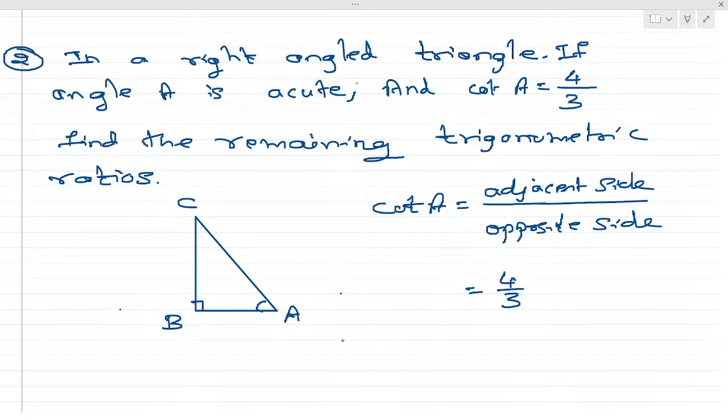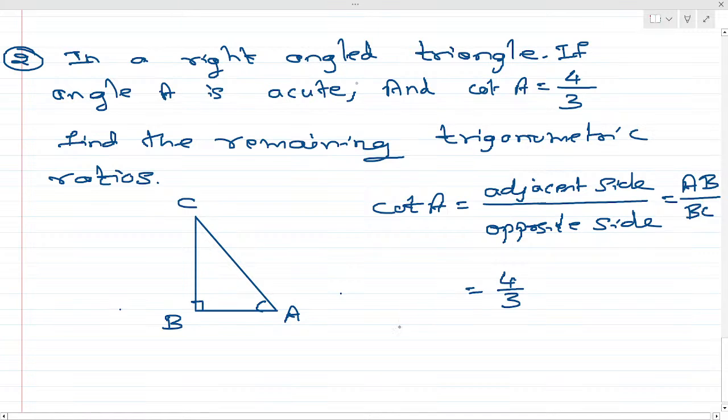So for the angle A, the adjacent side being AB and the opposite side BC, which means AB is 4 units and BC is in the ratio of 3 units.